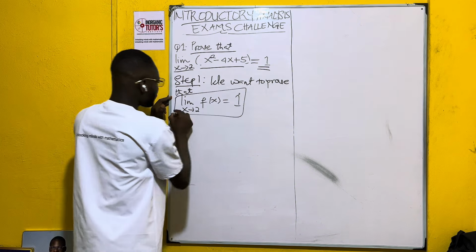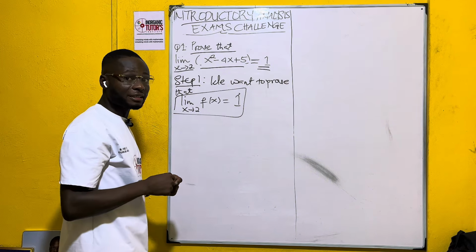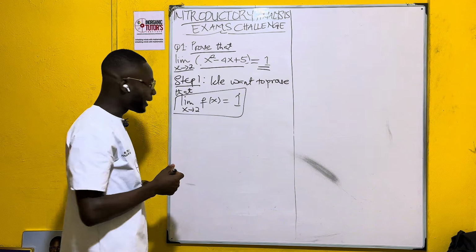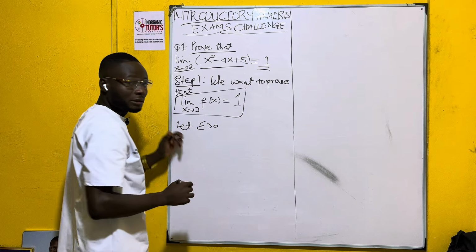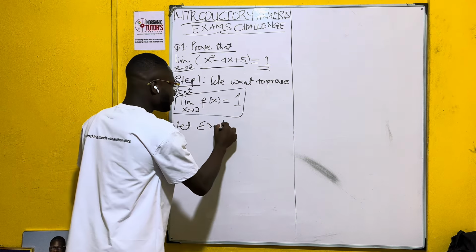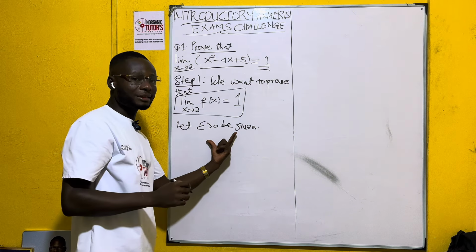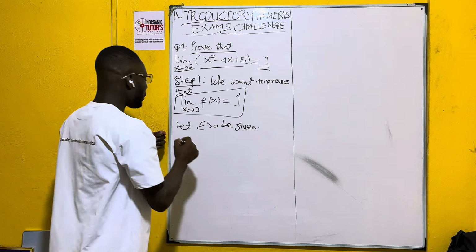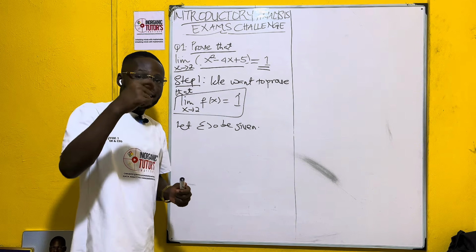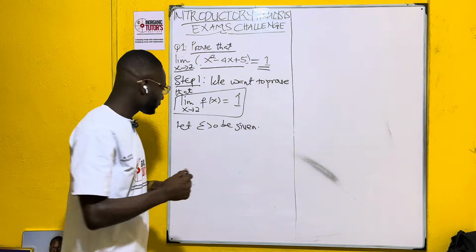Now, this will happen if we are able to define the epsilon delta well, right? So let epsilon greater than 0 be given. So we assume that epsilon greater than 0 has been given. Now, we must find delta, that is also greater than 0.